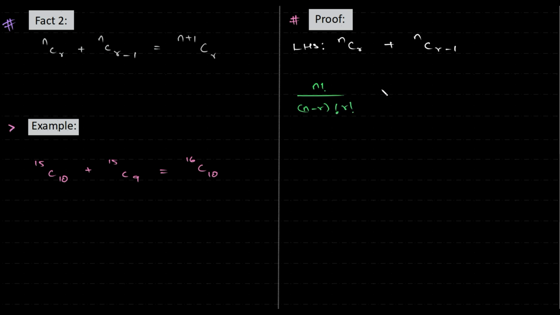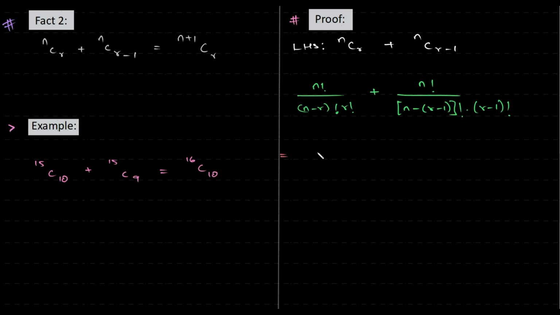The first term is simple, straightforward. The second one is n factorial divided by (n minus (r minus 1)) factorial into (r minus 1) factorial, right?